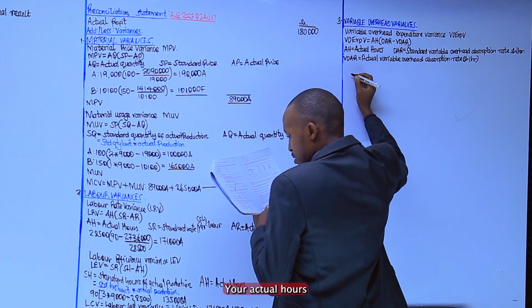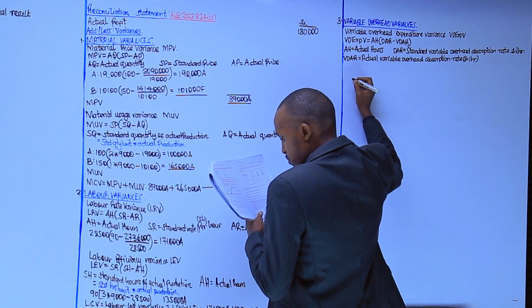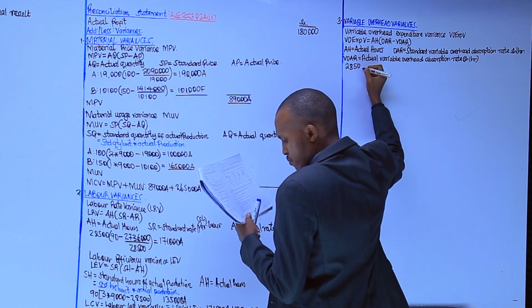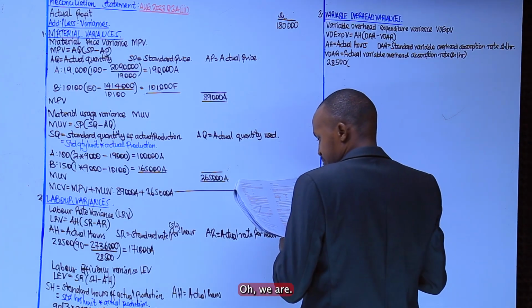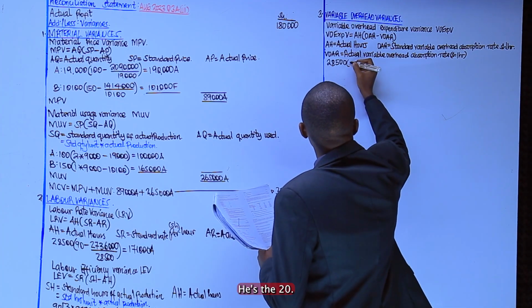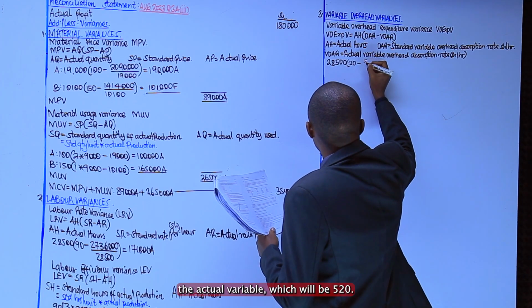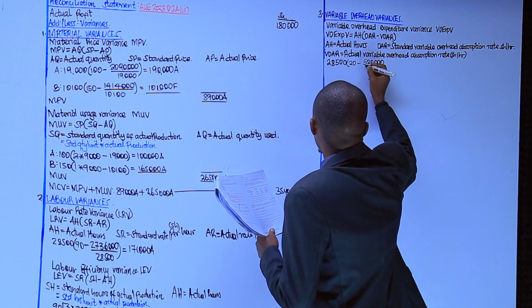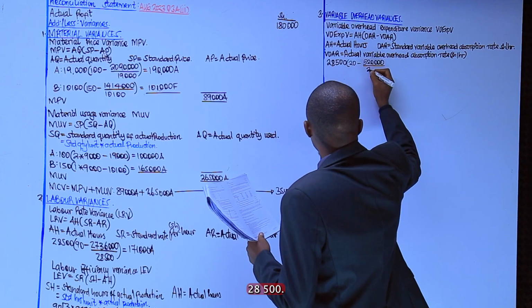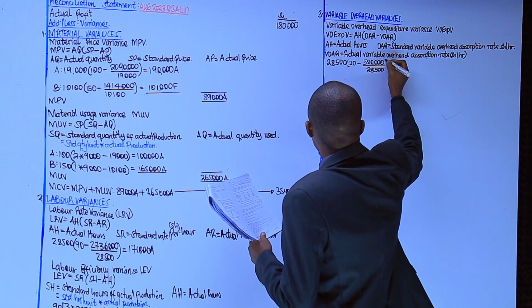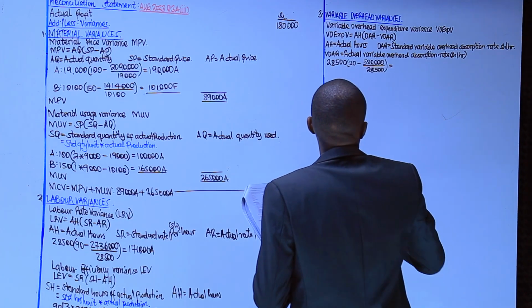Your actual hours were 28,500. Your OAR is 20 minus your actual variable, which will be 520, divided by 28,500.